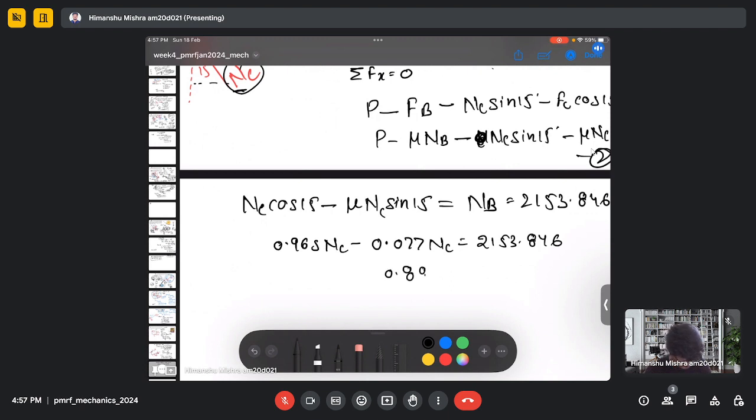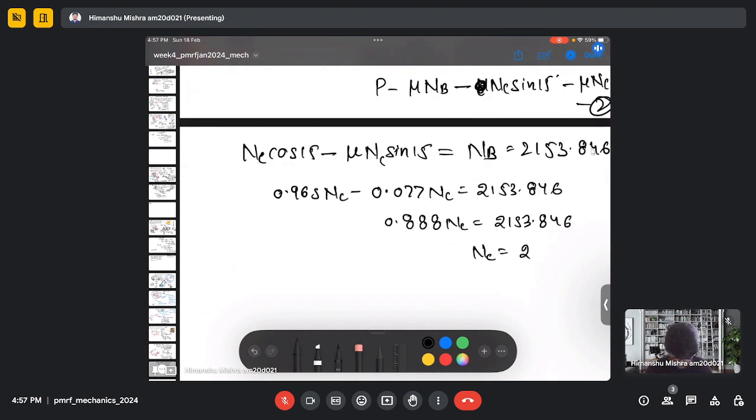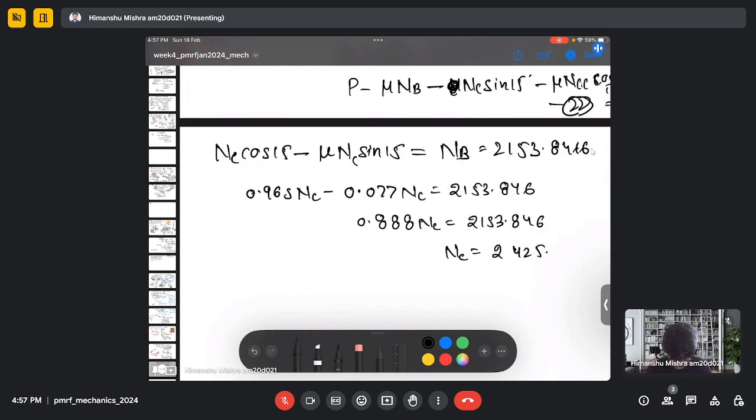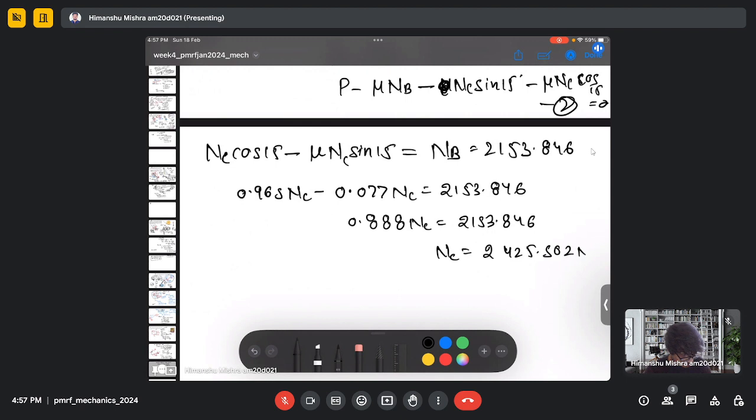0.888 NC equals 2153.846. So NC will be 2425.502 Newton.